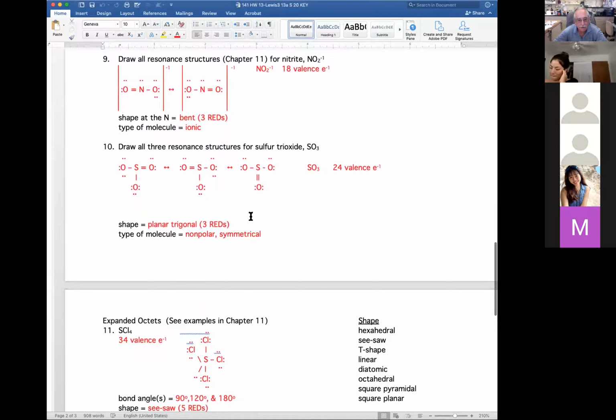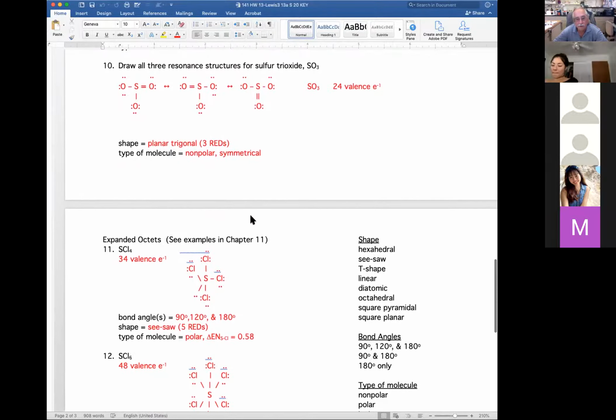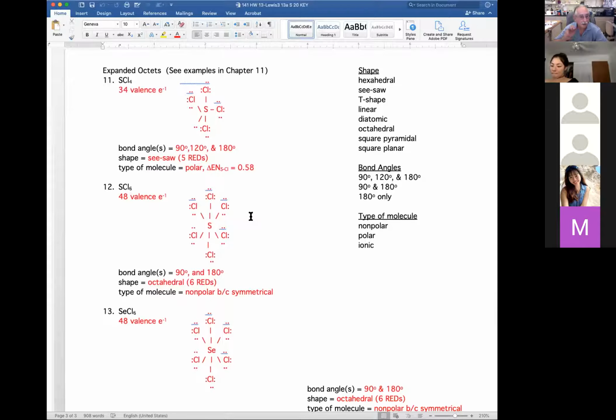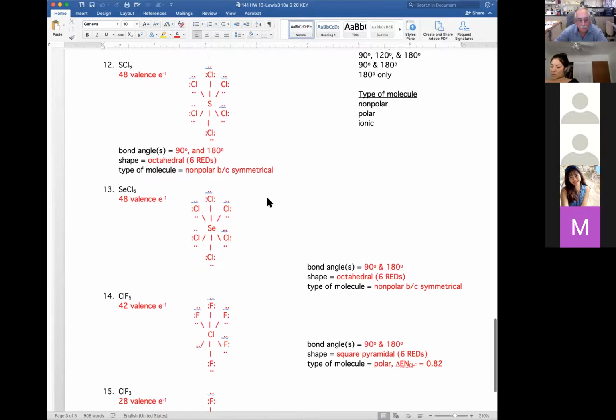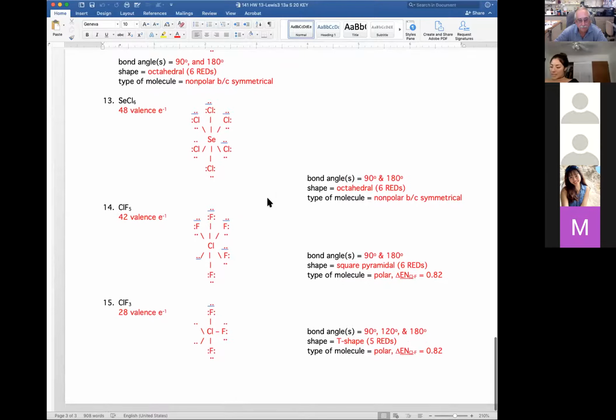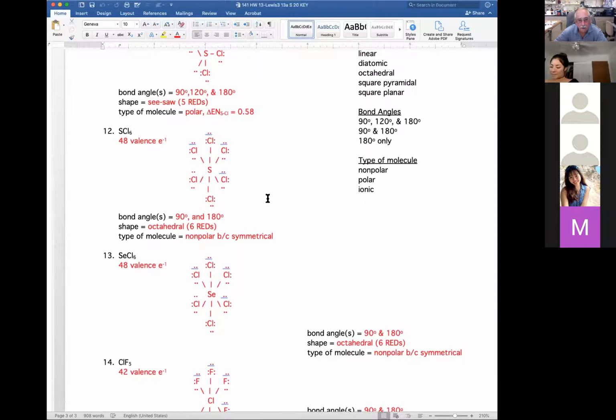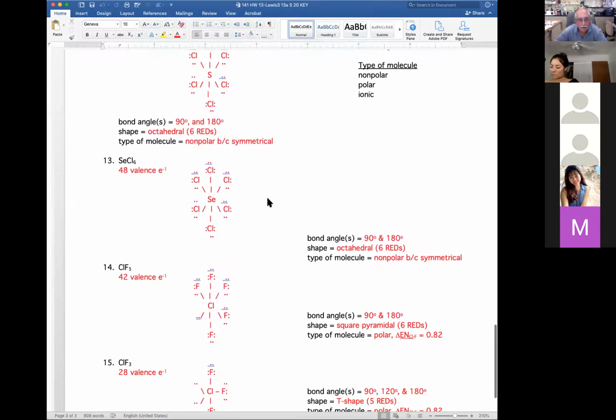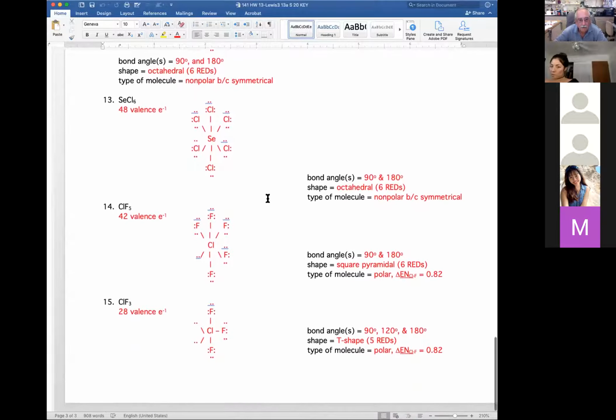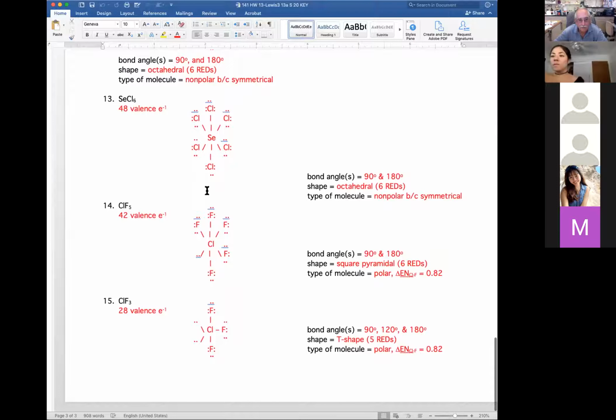So here's some resonance structures. And then for the biochem students, you had expanded octets. Chem 100 students didn't have that. So if you look at this right here, it's perfectly symmetrical.